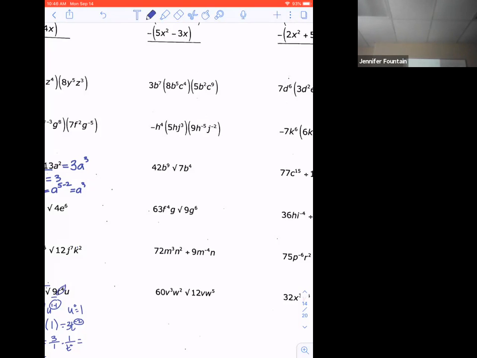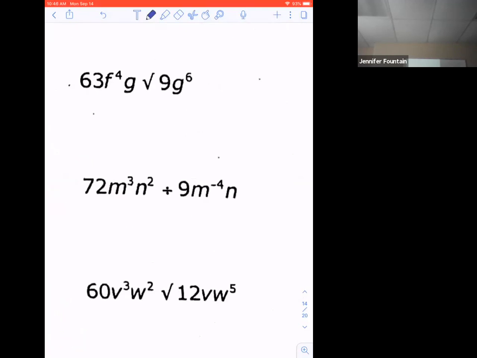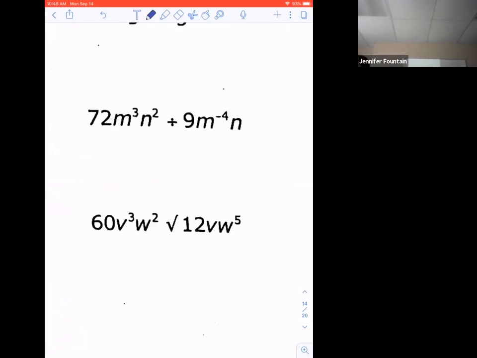Questions on the middle column? Can you do the second to last? Second to the last, the 72m cubed n squared. Okay, so let's take a look at this one. 72 divided by 9 is 8. Then I have m cubed minus a negative 4, n squared minus 1.